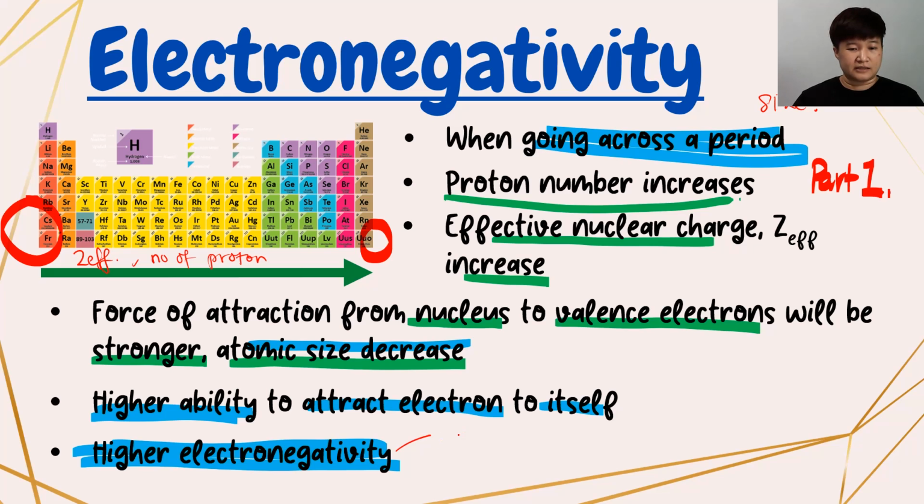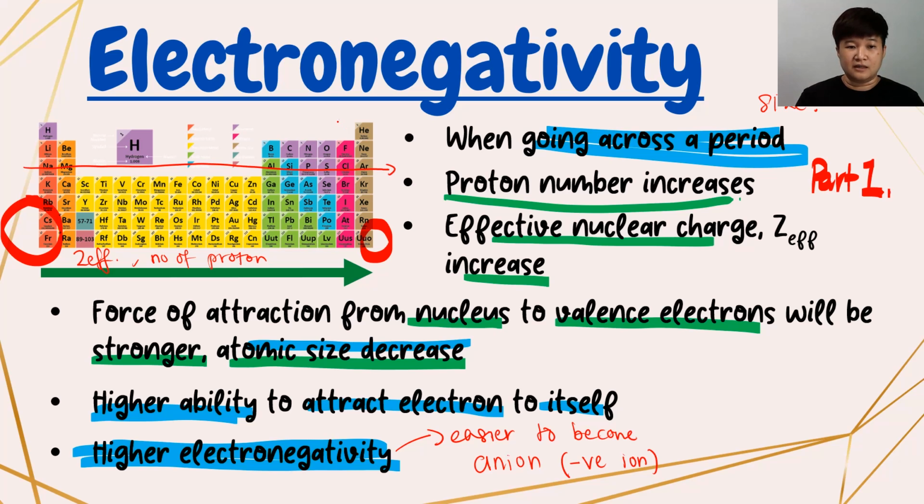Higher electronegativity means what? It means it's easier to become an ion. An ion means a negative charge ion. Because you are accepting electron, you attract electron to go into you, so you accept electron and you become negatively charged. So when the electronegativity is high, it's actually easier to become an ion. And that's why when you go across a period, you can see I have sodium, magnesium, aluminium, silicon, phosphorus, sulfur, chlorine, argon.